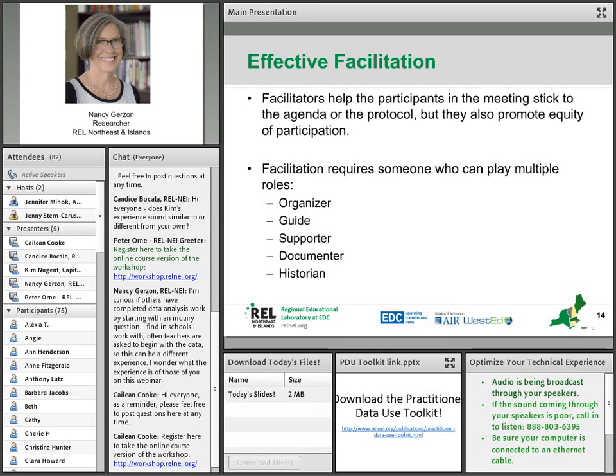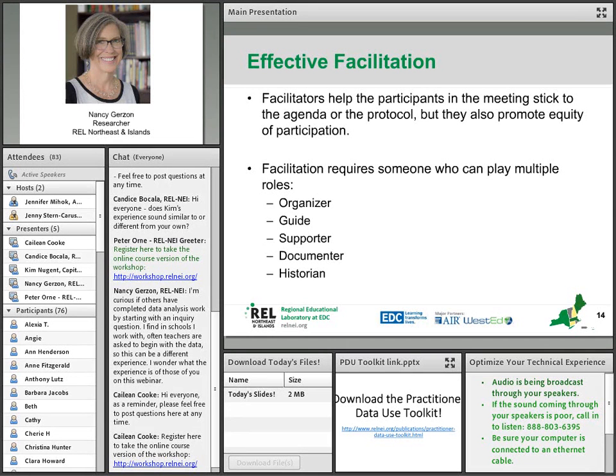Many of the questions that we get, as folks think about being ready to do this, have to do with the facilitation of this work. In particular, we just want to point out a few things around the role of the facilitator in organizing and supporting this work over time.